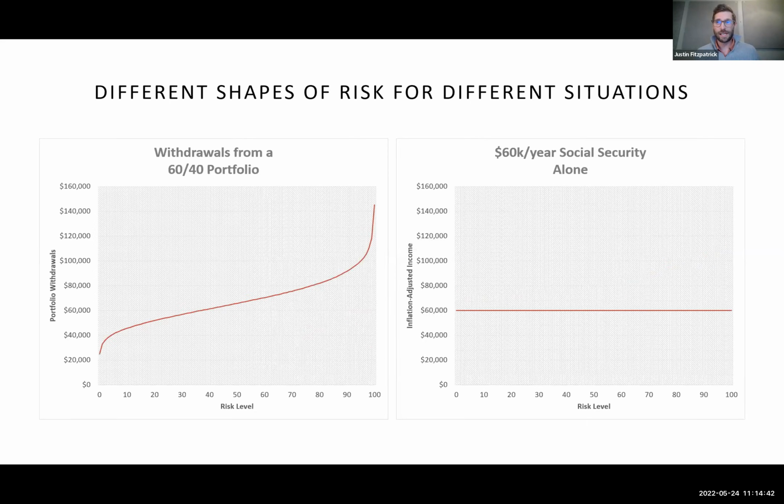We'll also see that different situations will have very different risk curves. Now, typically the risk curve looks like what you see on the left here, which is the same curve we just saw before for withdrawals from a 60-40 portfolio. But on another extreme, if a household were depending completely on Social Security, really, this does simplify a bit.